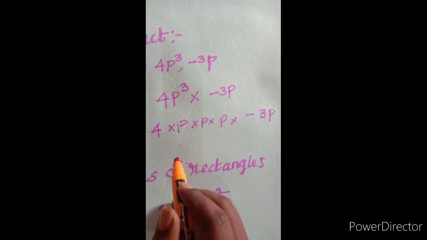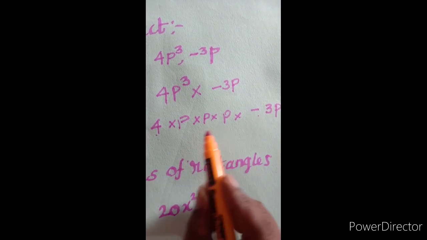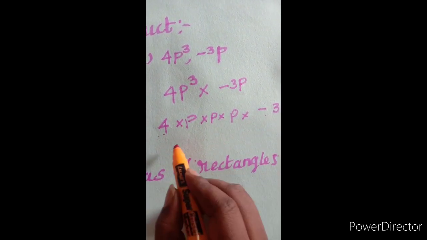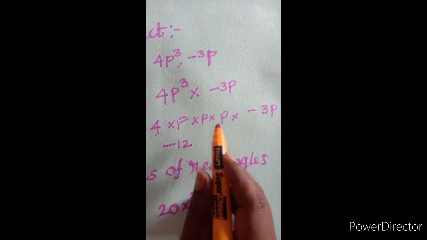So now we can multiply the numerical values, that is 4 into minus 3. 4 threes are 12, plus into minus, minus 12.